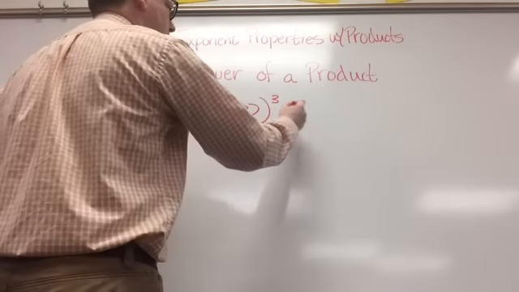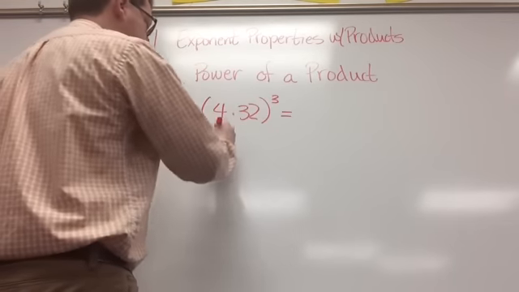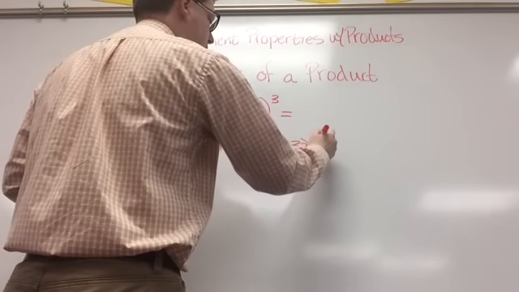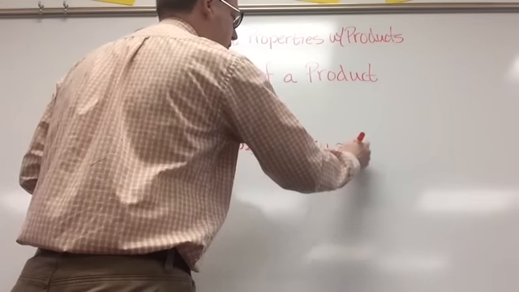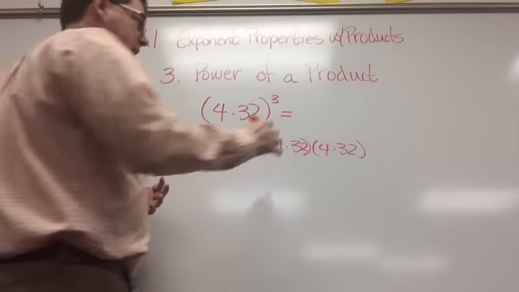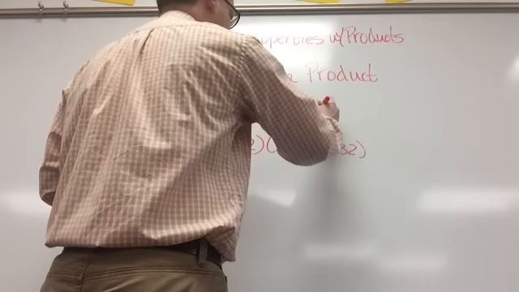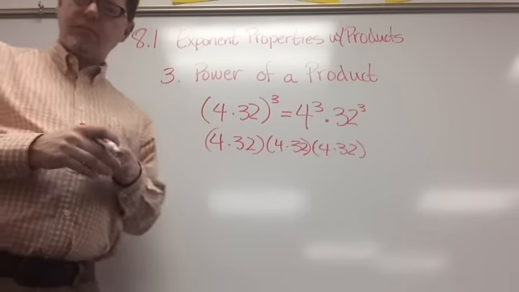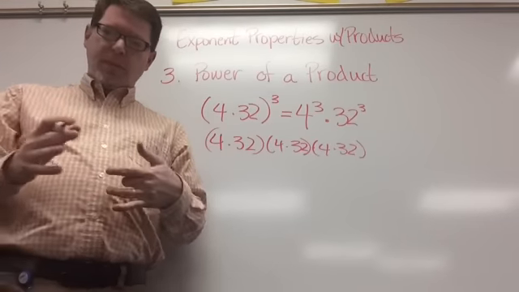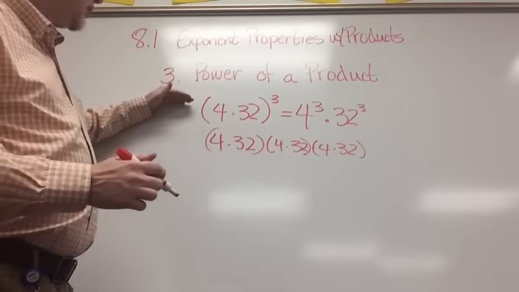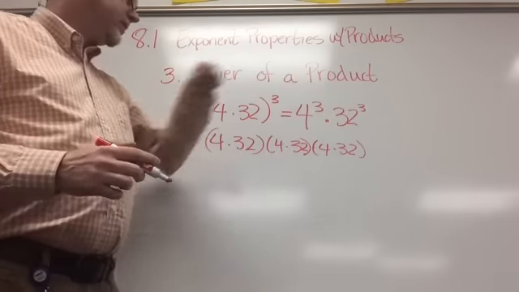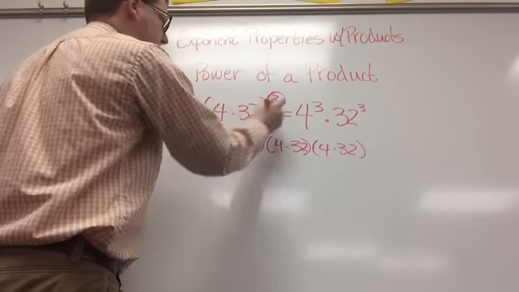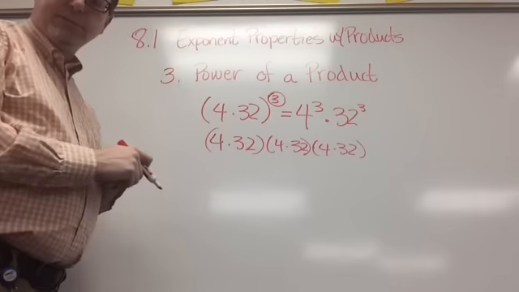If I'm going to do this to the third power, then it's going to be 4 times 32 times 4 times 32 times 4 times 32, which would be the same as 4 to the third times 32 to the third. I wonder if you could come up with a rule to tell us how to solve the power of a product. Why is it called the power of a product? Because we have a power of this product, and it's a product because we're using multiplication.